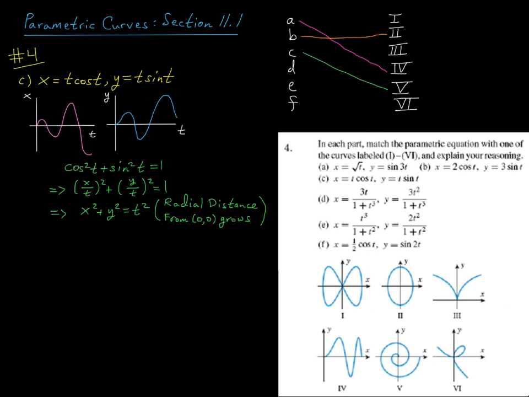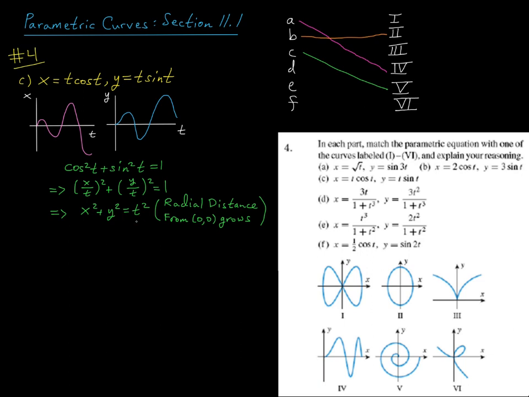The other thing I want to point out here is that if I look at the Pythagorean identity, what does that tell me here? Well, now cosine of t is x over t, and so cosine squared of t is x over t squared, and then likewise sine squared of t is y over t squared. And if I multiply both sides of this equation by t squared, I get this relationship, that x squared plus y squared is equal to t squared.